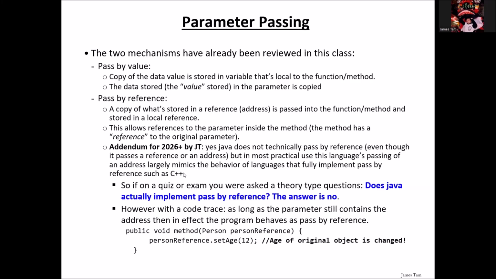So if you want to delve a bit deeper, you can try and examine how C++ passes parameters, truly pass by reference, versus languages like Java, which copy an address. Now, your bottom line view. If you're asked on a quiz or exam a theory type question, a theory question is actually asking about technical details, how things are done.